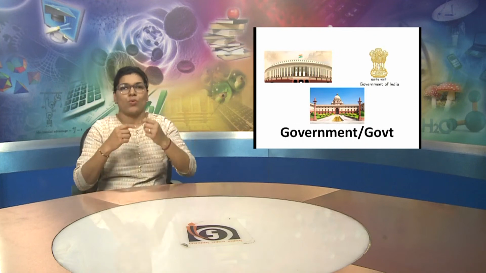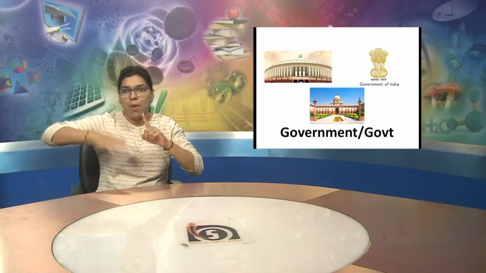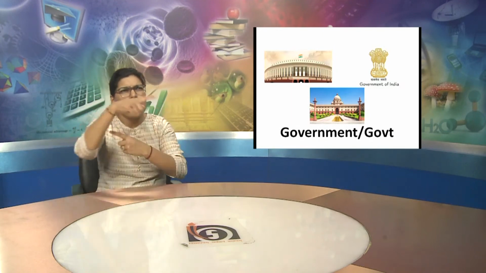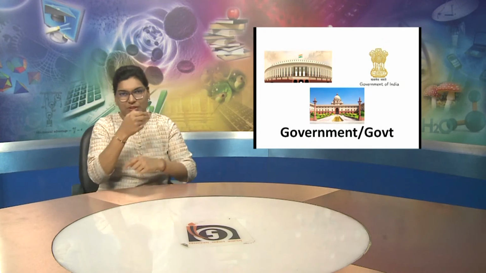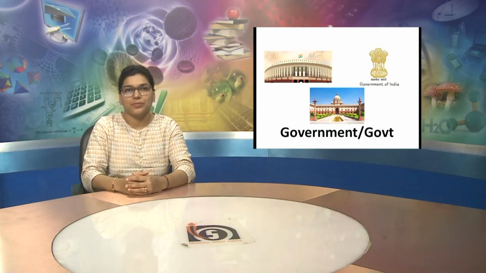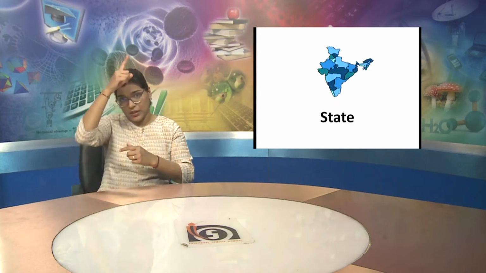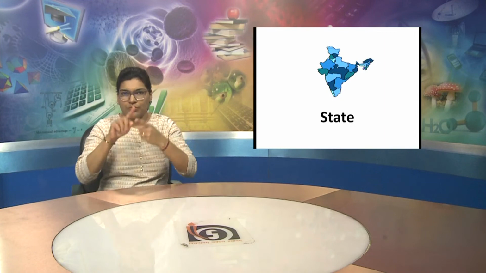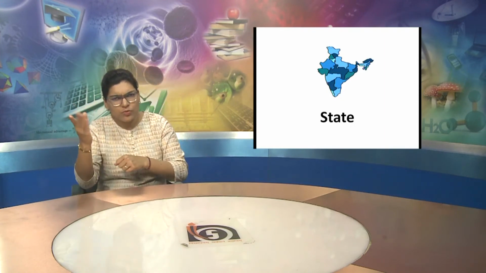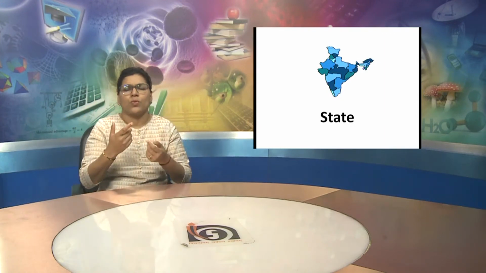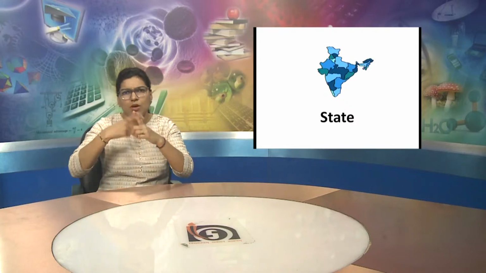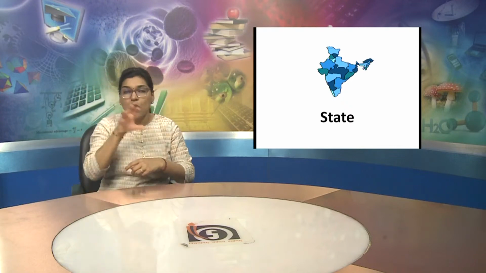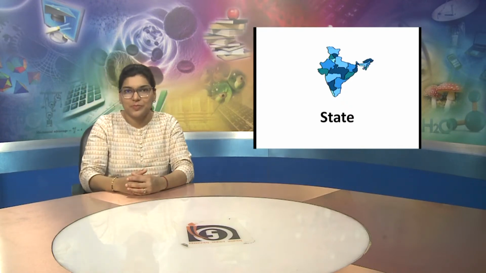In many places you have seen there are government offices and these offices have their own work and responsibilities. States. You all have seen the map of India. In the map of India, you have seen many states such as Kerala, Tamil Nadu, etc.